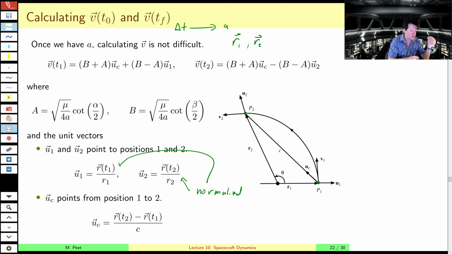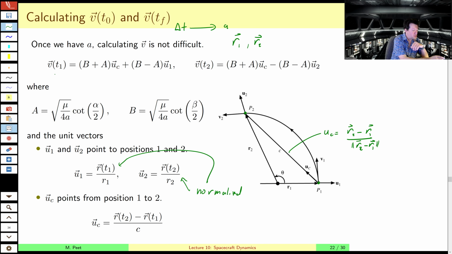Well, actually, we have a third one, which just makes our calculations easier, which is the normalized version of the relative position vector. So we have UC as well. We just use that because it makes our life easier.